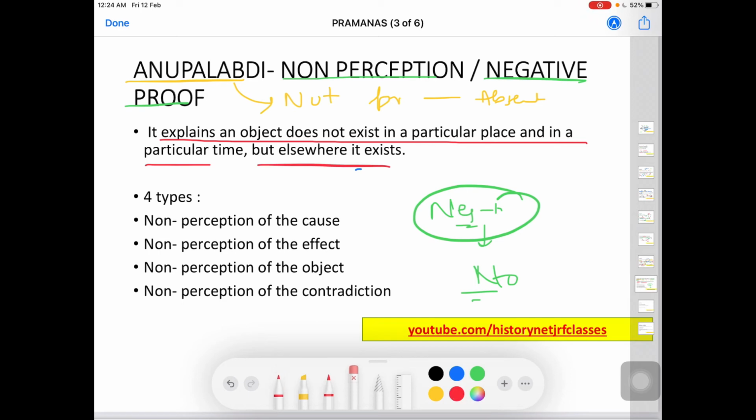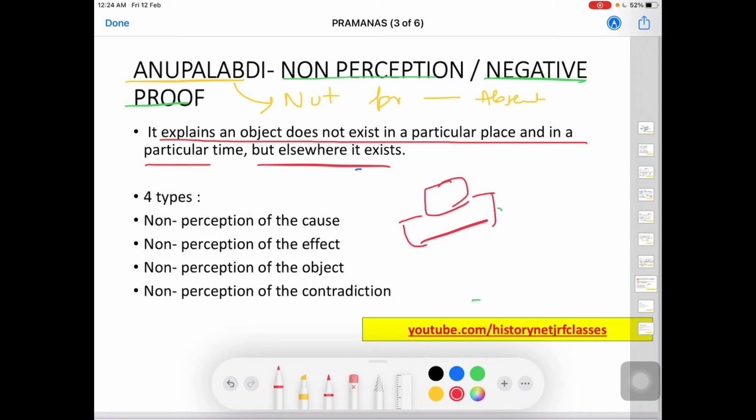For example, there is a book on the table, but at the present time the book is not present on the table. That means the book must be present somewhere else and it is absent at this table.